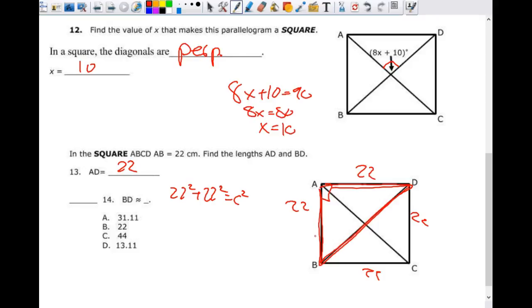Well, I know it's about 400. 484 plus 484 is equal to c squared. Add these two together. We're going to get 968. So c squared is 968, take the square root of both sides, and you should get around 31.